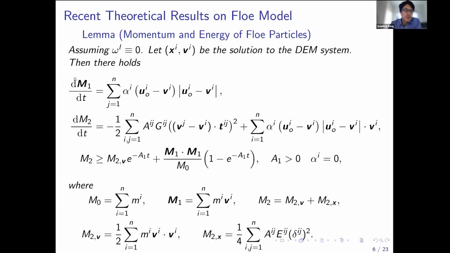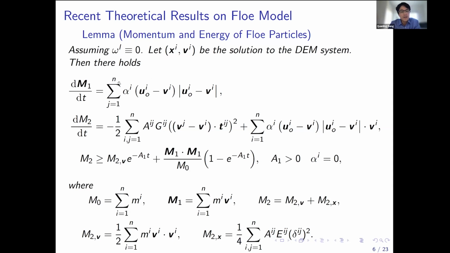For example, the first equation here shows that assuming there's no drag force, the total momentum of the system is conserved. So this is dm1, where m1 is defined as this one. This m0 is the total mass of all the particles, and m1 is the total linear momentum. And it is conserved if there's no ocean drag force.